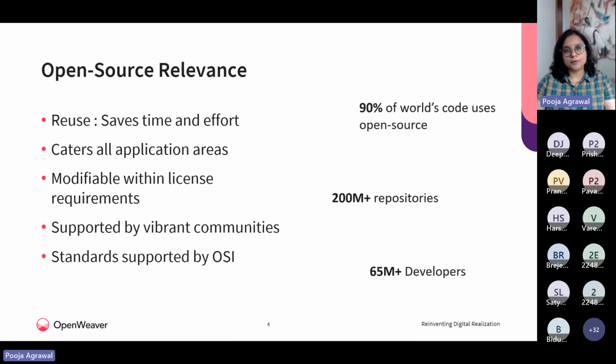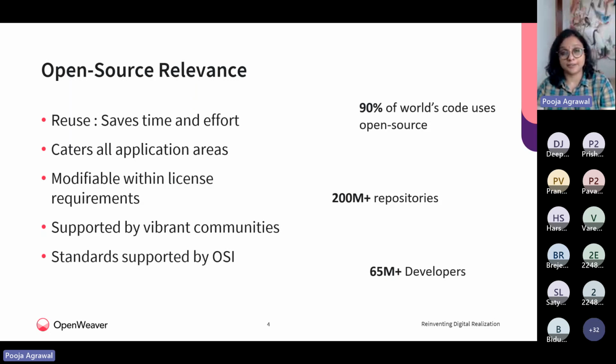So talking about the relevance of open source, it is very important to understand that all these interesting solutions that we talk about today, and the growth that we see in various domains, say cloud, artificial intelligence, blockchain, etc., have been possible with the help and availability of open source tools. You can reuse something that is already available.